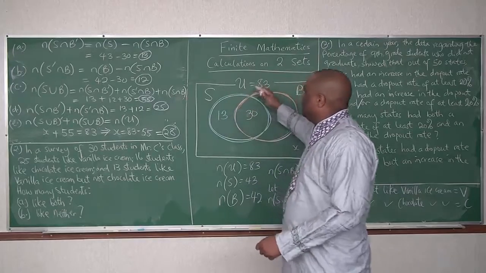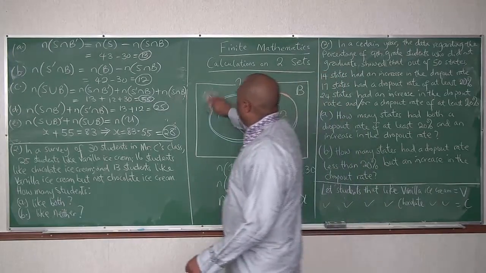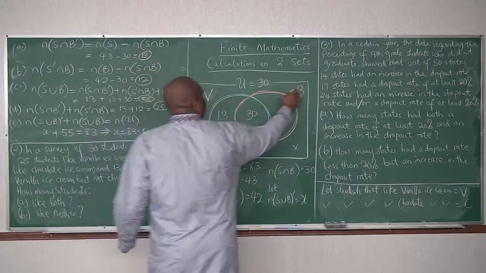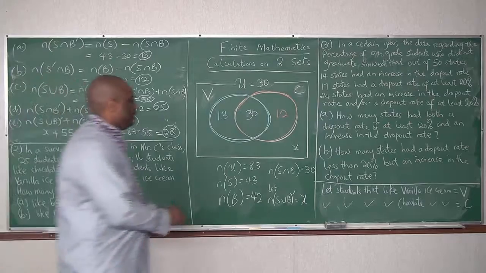Now the universal set in this case is 30, and I'll write V here, and here I write C.